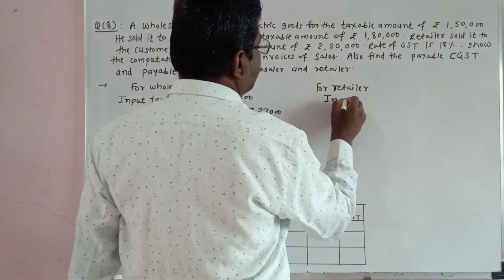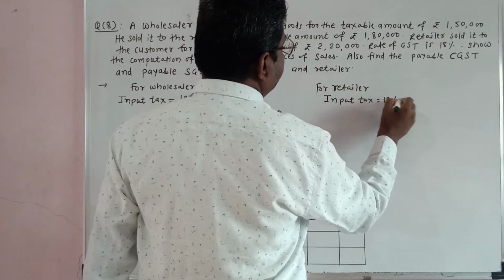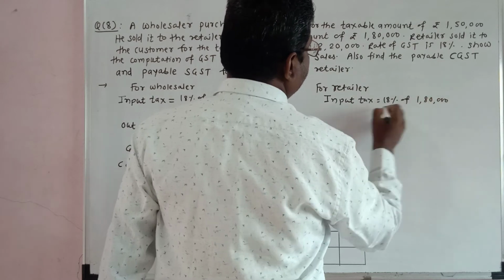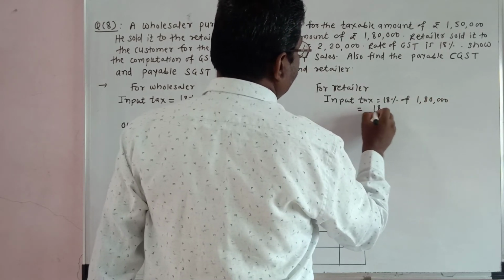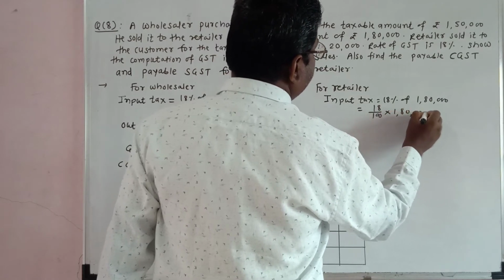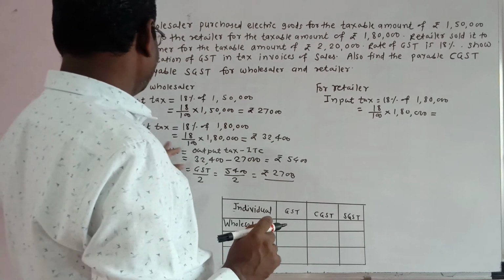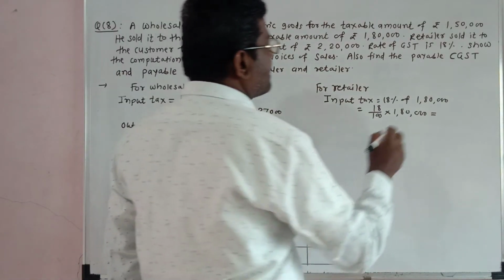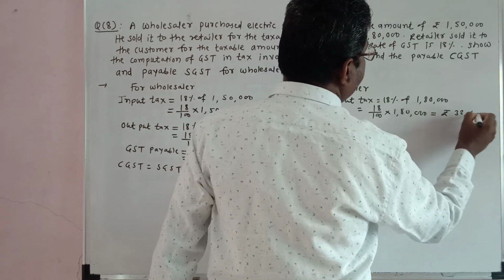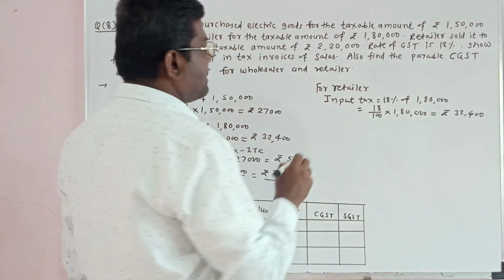Therefore, for the retailer, input tax is equal to 18% of 1,80,000, which is 18 upon 100 into 1,80,000, and it will be 32,400. So rupees 32,400 will be the input tax for the retailer.